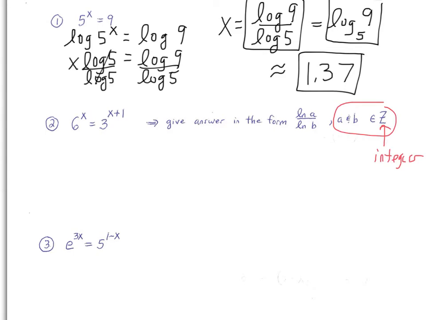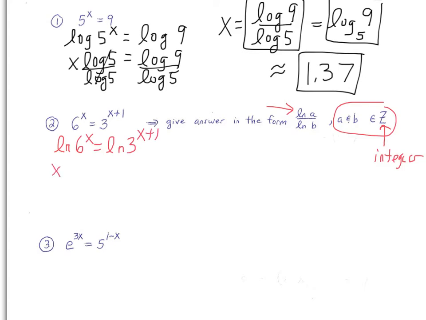So what we're going to have to do is take the log of each side, but not the common log. This right here is leading us to take the natural log of each side. So the natural log of 6 to the x, and the natural log of 3 to the x plus 1.